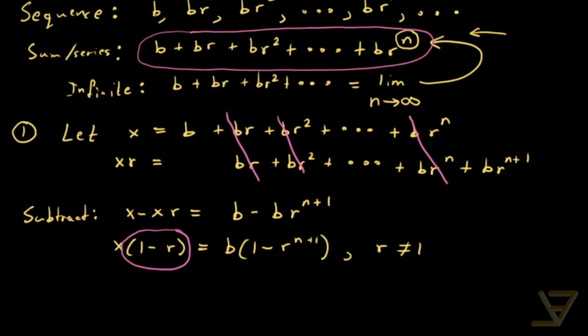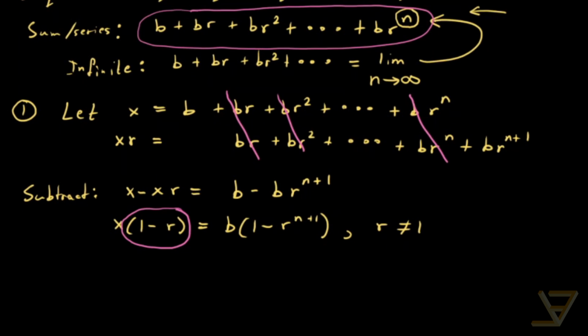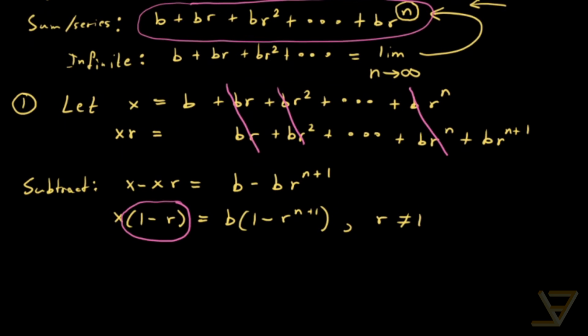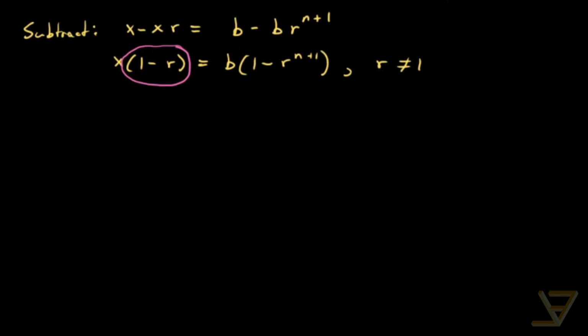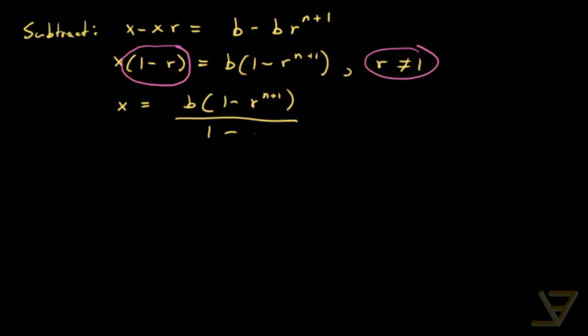So it's actually easy to evaluate in the case that r equals 1. So we will not worry about that. We'll just assume that r is not equal to 1. And what that allows us to do is say that x is equal to b times 1 minus r to the n plus 1 divided by 1 minus r. And that's our formula. That's our formula for a finite geometric series.